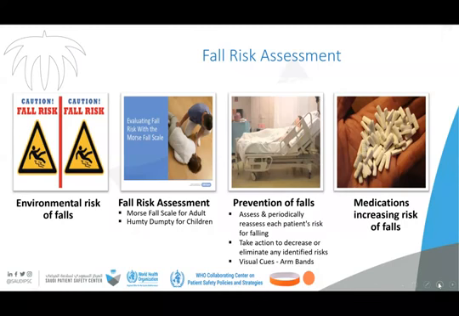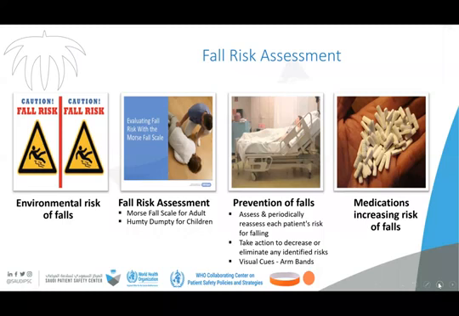Be very cautious with patients taking medication. In addition to that, use visual cues, such as a special bracelet for those who are at high risk of fall, and labeling of these things needs to be addressed.